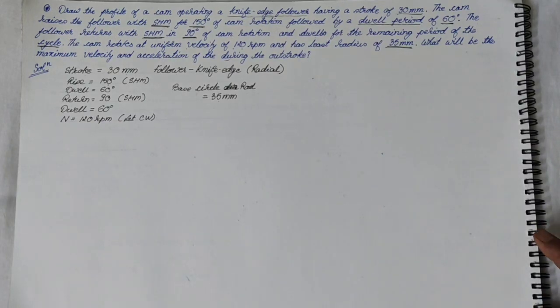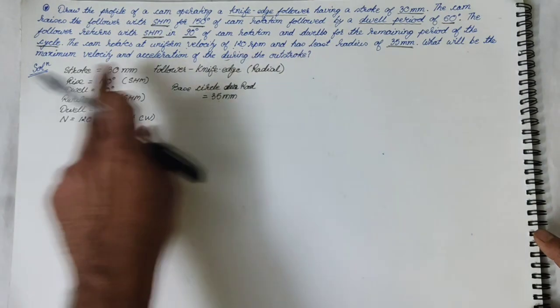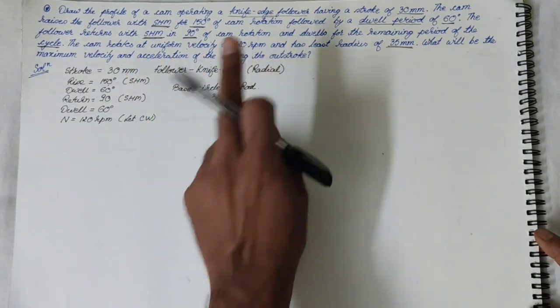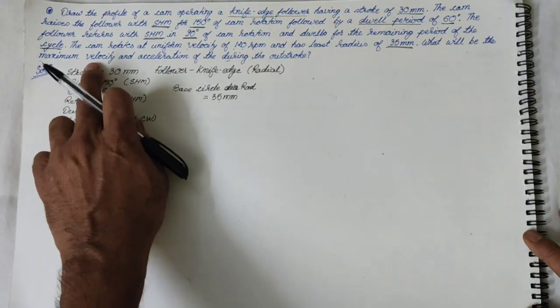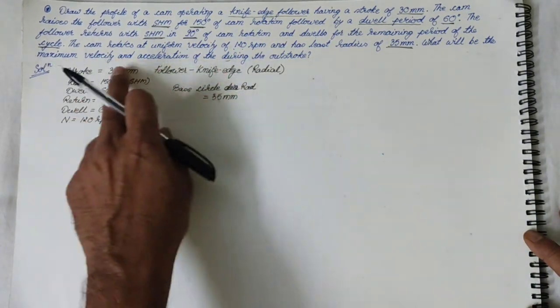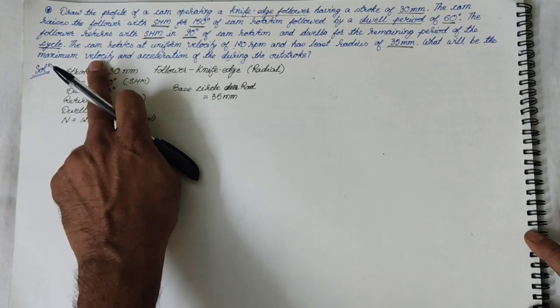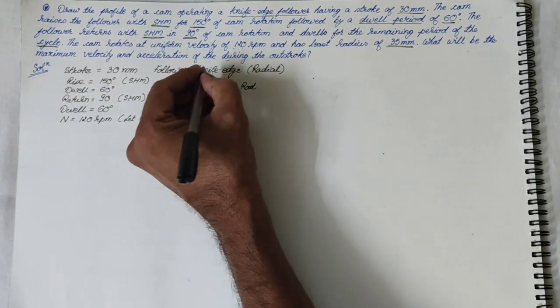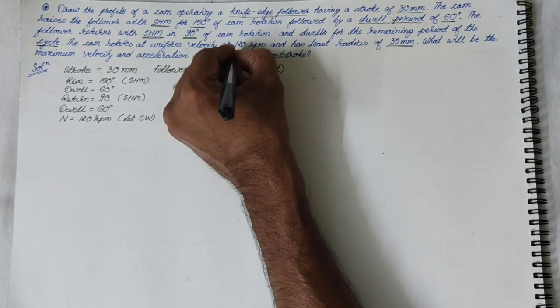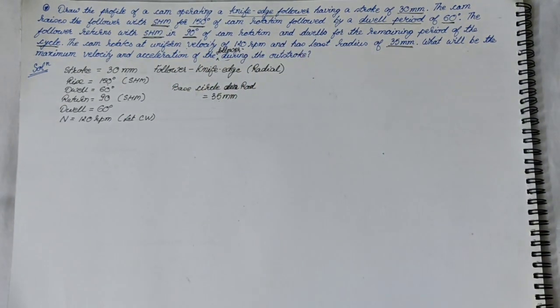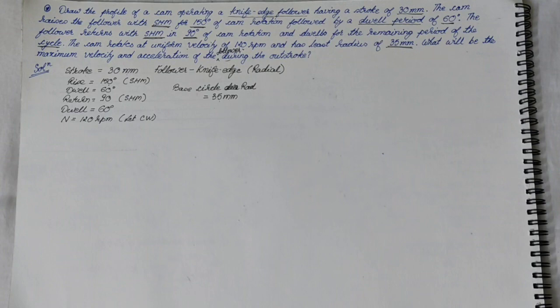So first thing first, if we see the last part, what will be the maximum velocity and acceleration of the follower? It will be actually during the outstroke. That is what we need to determine.